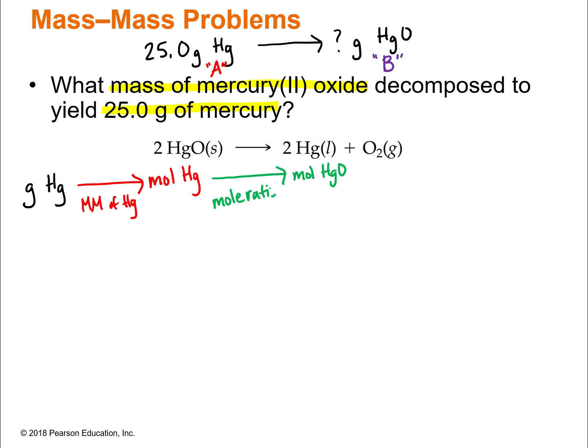Mole ratio. B over A. Mercury 2 oxide over mercury. Take those moles of mercury 2 oxide and convert to grams using the molar mass.